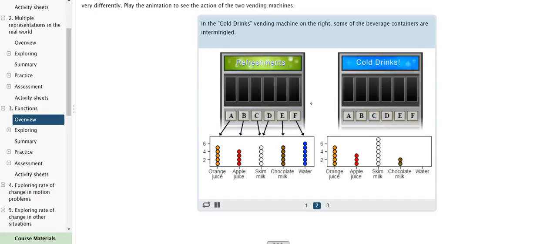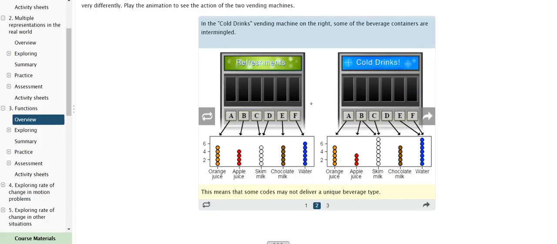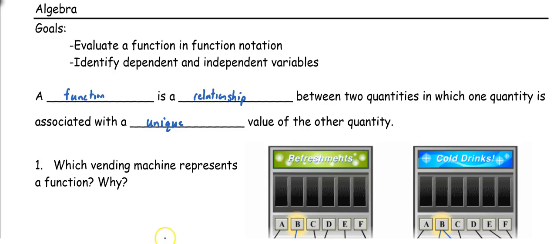D is going to deliver chocolate milk. E is water. And F is also water. So notice when I hit button B on the cold drink machine, I'm not really sure what I'm going to get because there are two outputs: the apple juice and the skim milk.